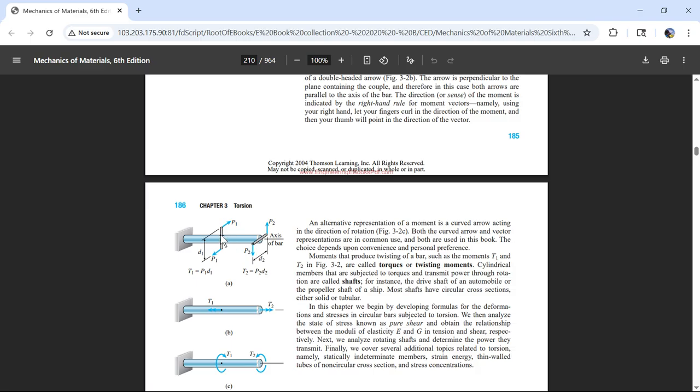So I would come in here, and let's say this is the Y direction, Z direction, with X coming out of the page.